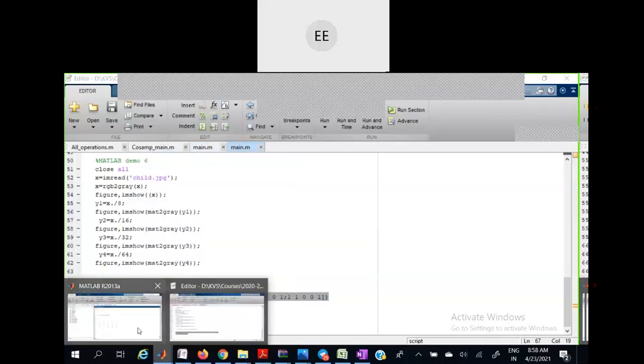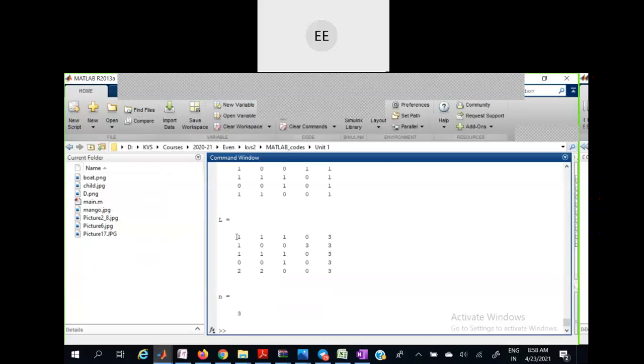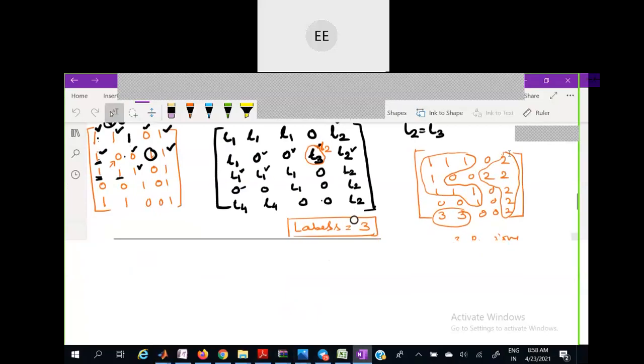Just observe, this is the image and look at the labels. The only difference is I called this 2 and this 3, but I think in the algorithm it is labeling like that. That means all 2's in my result are 3 there, all 3's are 2 there.